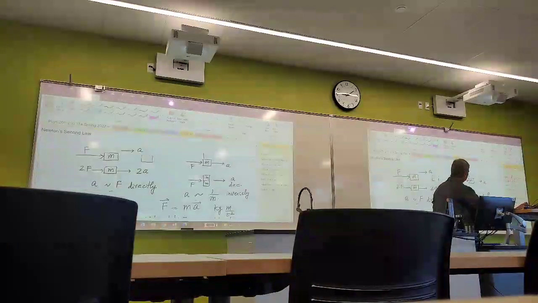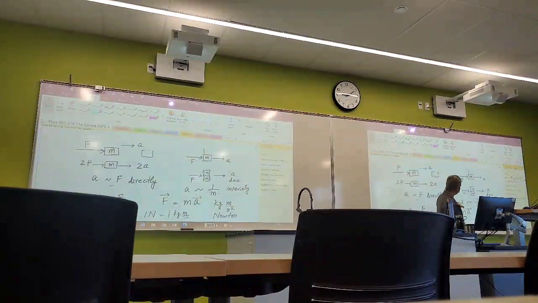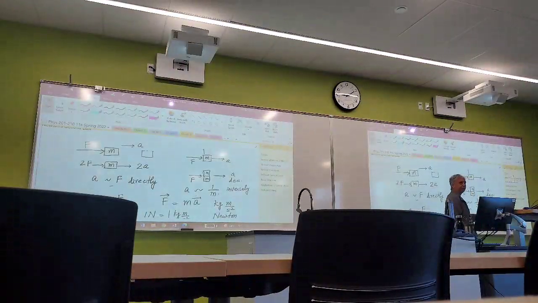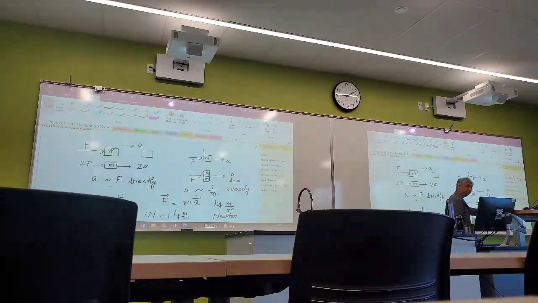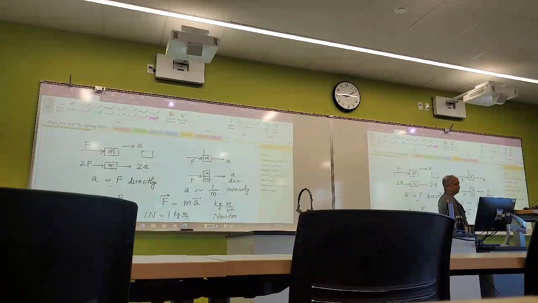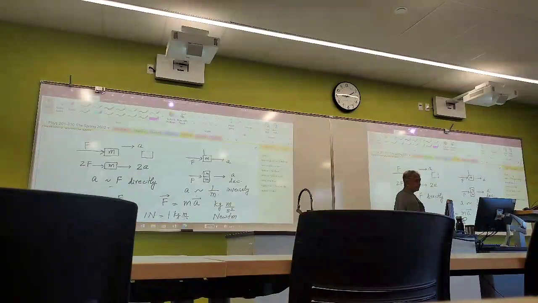So from here, we first said that acceleration is directly proportional to force. And here we said acceleration is inversely proportional to mass, which means as this goes up, this will go down. Whereas here, if this goes up, this will go up as well.